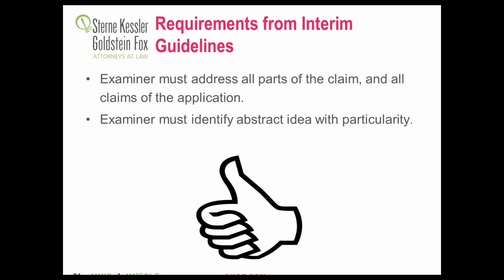So if you've laid out claims in a nice continuum of not just art-based considerations as we've normally done in the past, but also a spectrum of 101 breadth, then you can make sure that the examiner is addressing those dependent claims. You might get some clarity as to the proper direction for the claims to overcome 101. And also the examiner needs to identify the abstract idea with particularity.